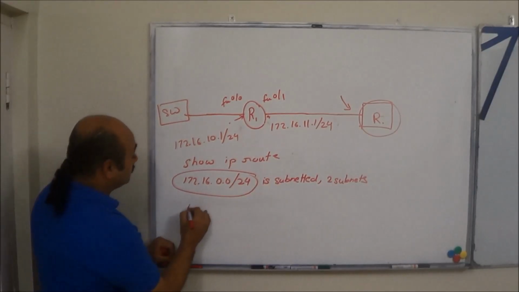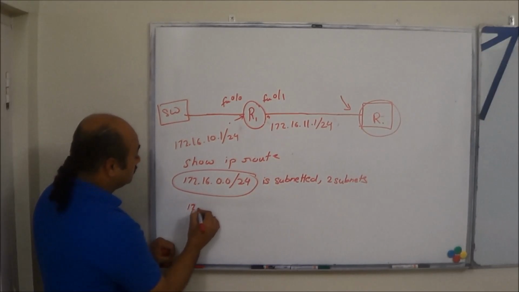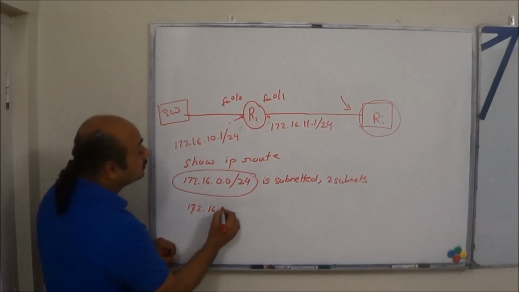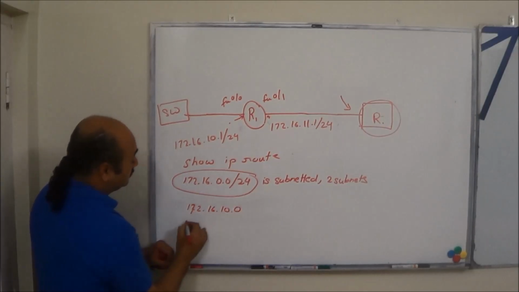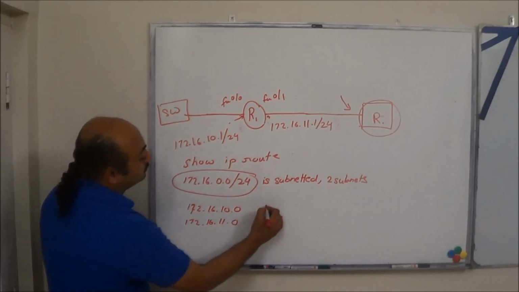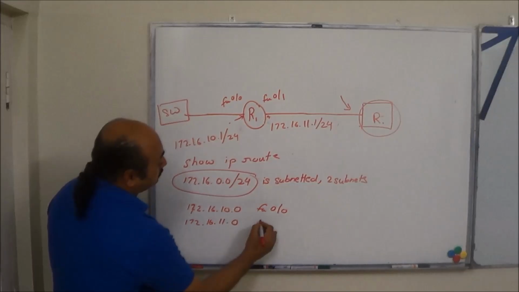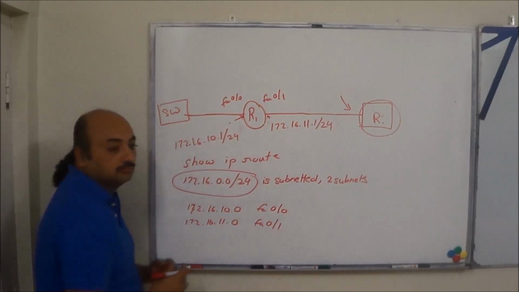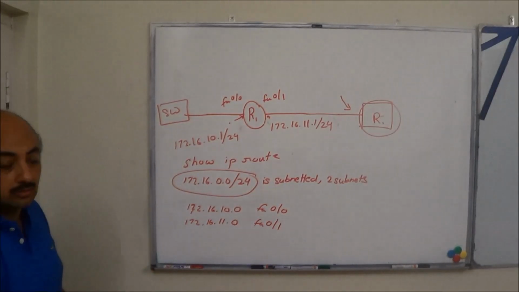What are the subnets? 172.16.10.0 and 172.16.11.0. Is this clear?